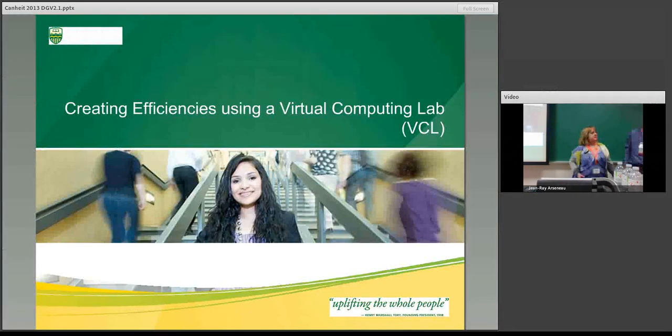Maybe just to give you an introduction to the Virtual Computing Lab, I don't know if everyone's entirely familiar with it, so we thought we'd give you a quick demo. Basically, it is a means of providing a virtual desktop for student use. One of its key purposes is to provide specialized pieces of software through a virtual desktop environment.